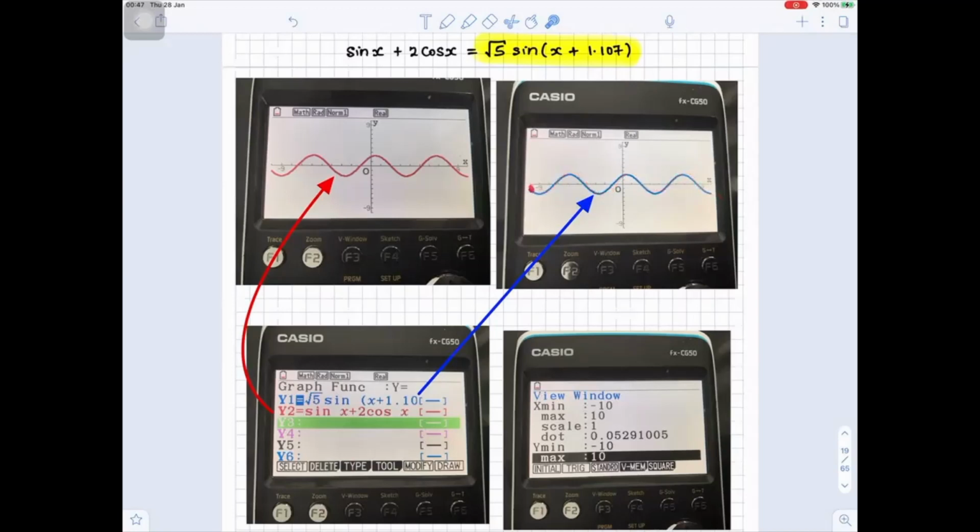The fact that they fit together shows that the left side is equal to the right side. That's how you can check your work during the exam. Plot the two graphs, the left side and the right side, and if they fit together, your answers are correct.